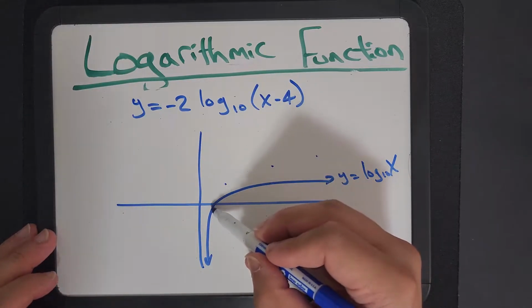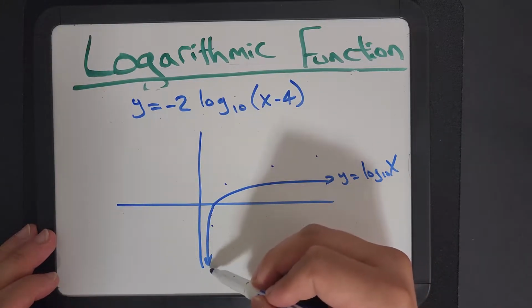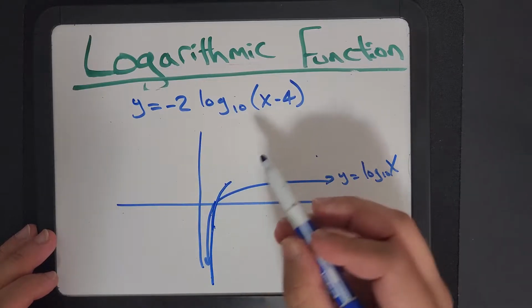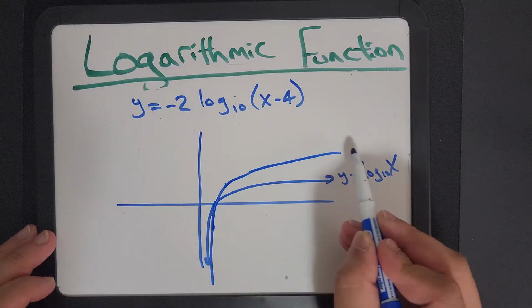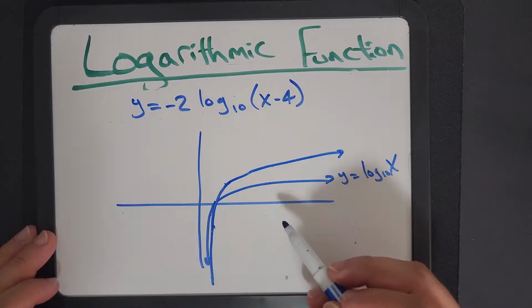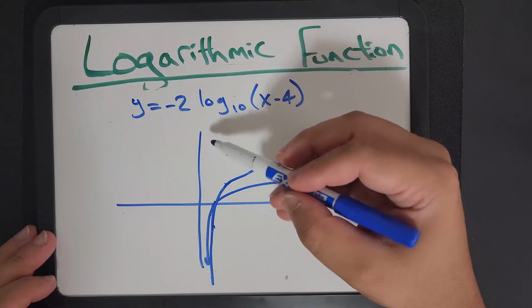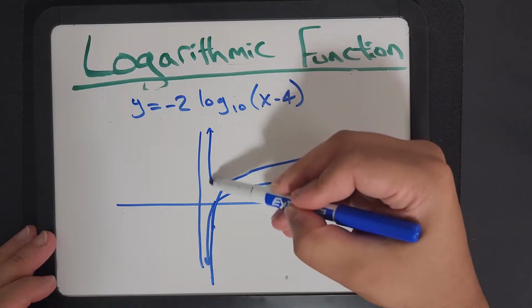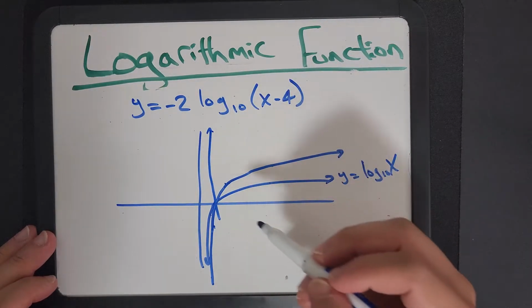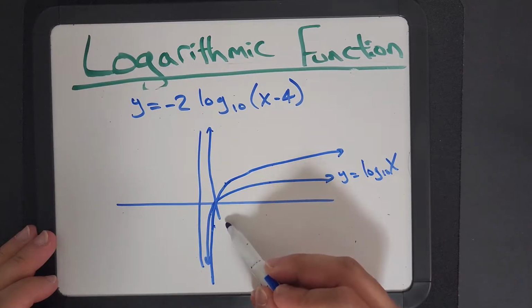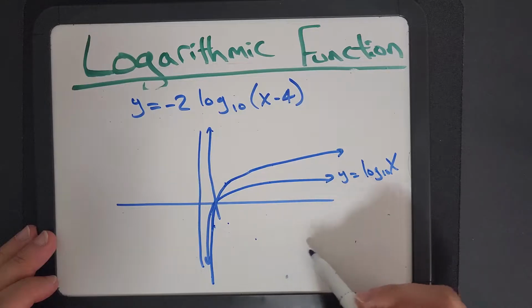So that would go there, that would go there, but this is still there. I'm only applying the 2, but then you have the negative 2, so you just flip that over, like so. Trying to get these points.